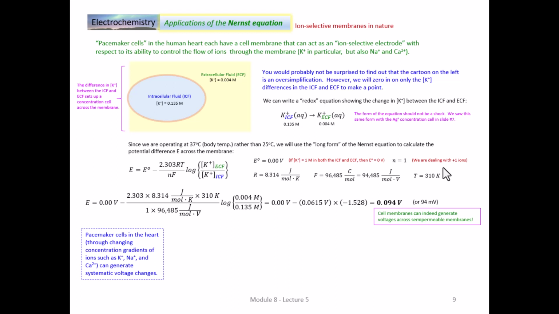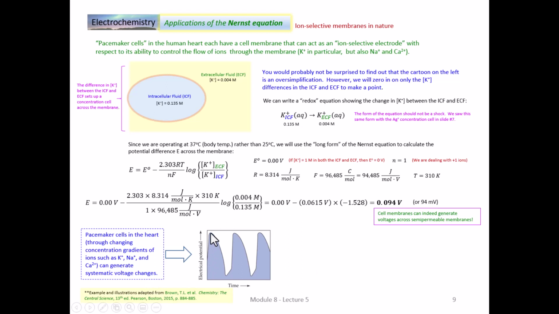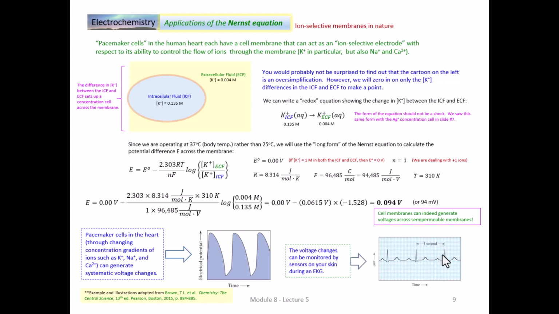So we calculated a voltage for one concentration difference, but if the pacemaker cell finds a way to make the concentration differences across that membrane change in a rhythmic pattern, then the voltage will change in a rhythmic pattern, and you'll see the electrical potential change with time in a very periodic way. And if the pacemaker cells in your heart are doing this, these voltage changes can be monitored by sensors on your skin during an EKG.